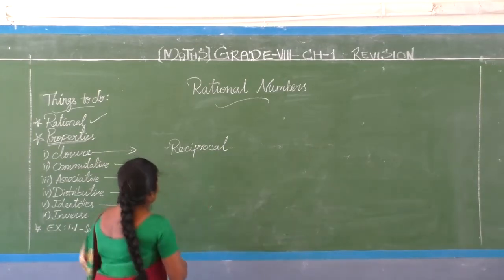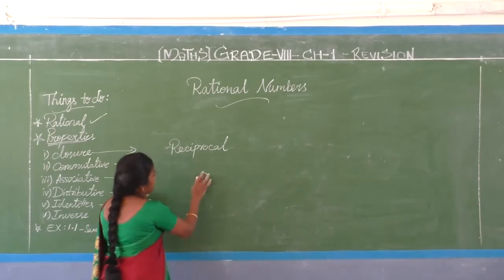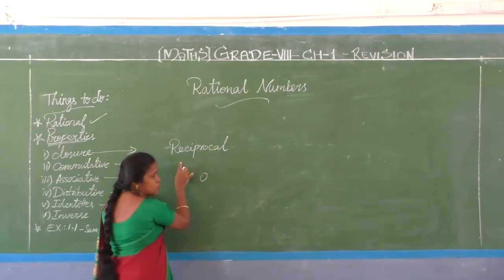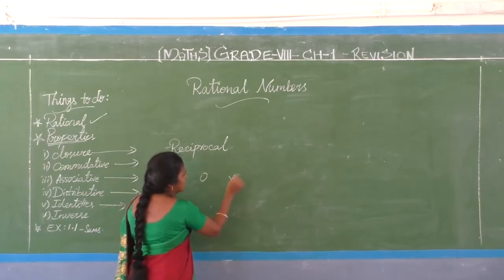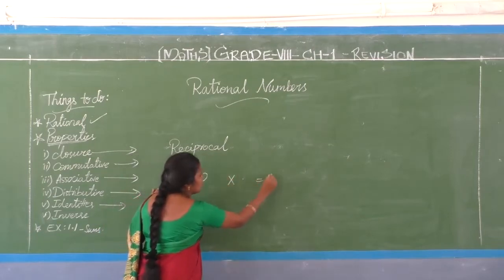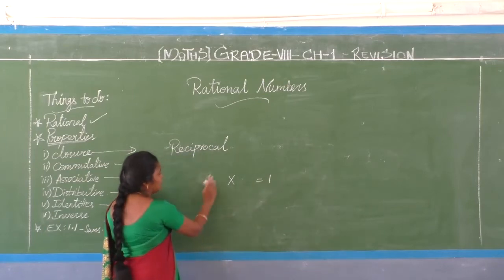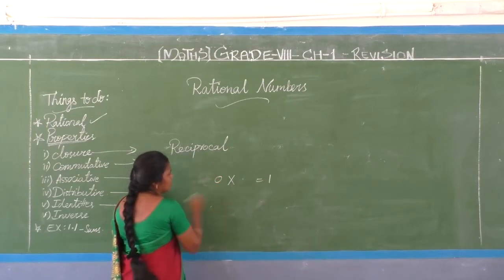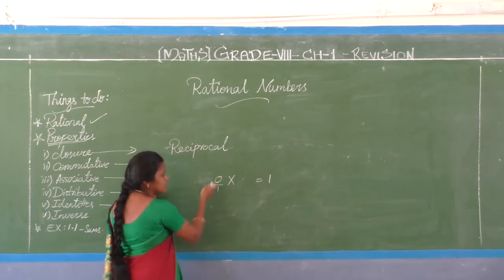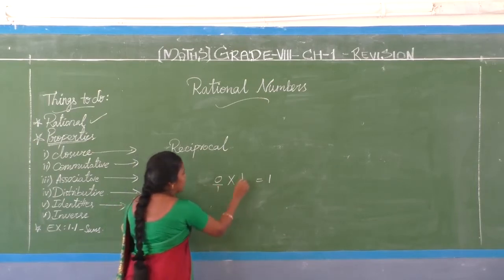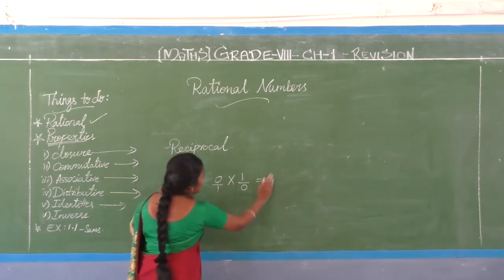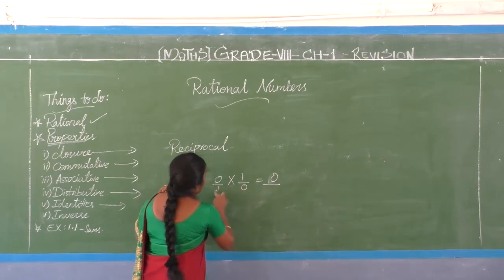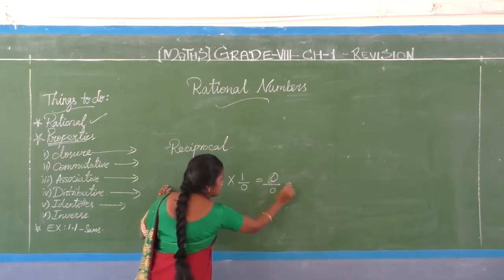Suppose you take 0. Based on what I told you, the product of any number and its reciprocal is always 1. I am taking 0 as the rational number. How do you write 0? 0 by 1. This is a rational number. Now, what is its reciprocal? 1 by 0. What answer will come? 1 into 0 is 0, 1 into 0 is 0, 0 by 0 is 0 only.